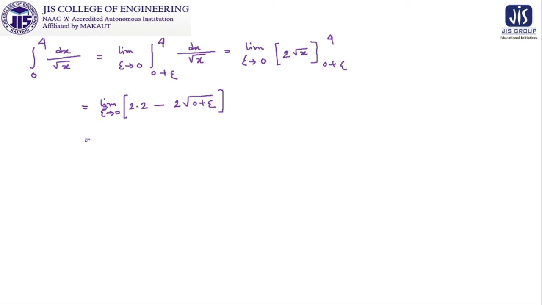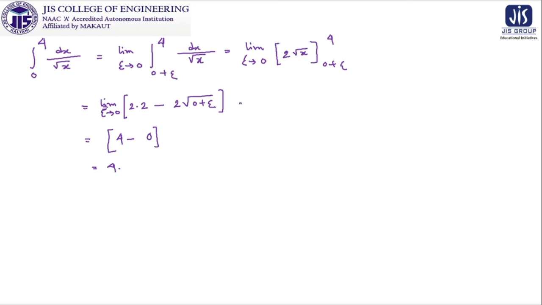So in the next line, now we are taking the limiting value, it is 4 minus, if epsilon tends to 0, root over 0 plus epsilon means it is 0. So it will be like this, 4.